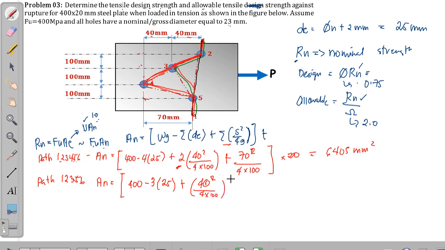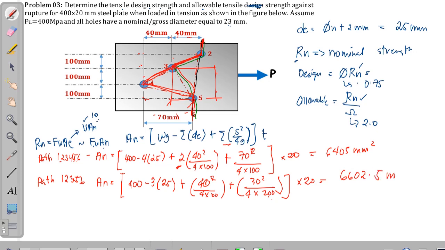Tapos yung 3, 5, that is plus 30 squared over 4 times 200. Okay? So, bakit 30? Remember, ito, 4, 5 is 70. Tapos, 3, 2 is 40. 3, 4 is 40. So, 70 minus 40, ang S natin dito is 30. So, 30 times 200, ang gauge natin is from 3 hanggang dito sa 5. 100 plus 100, that is 200. Okay? So, times 20.